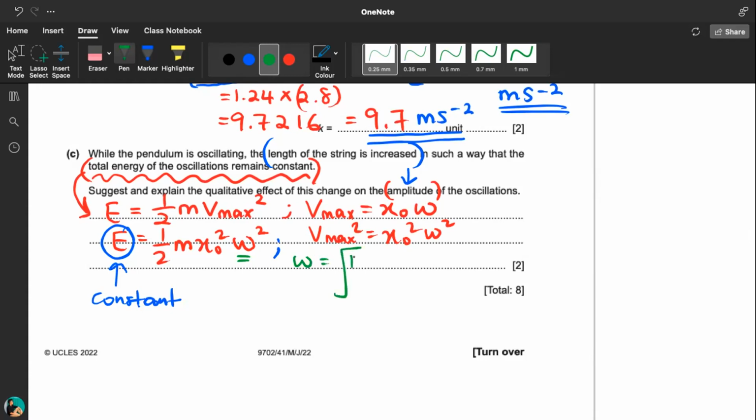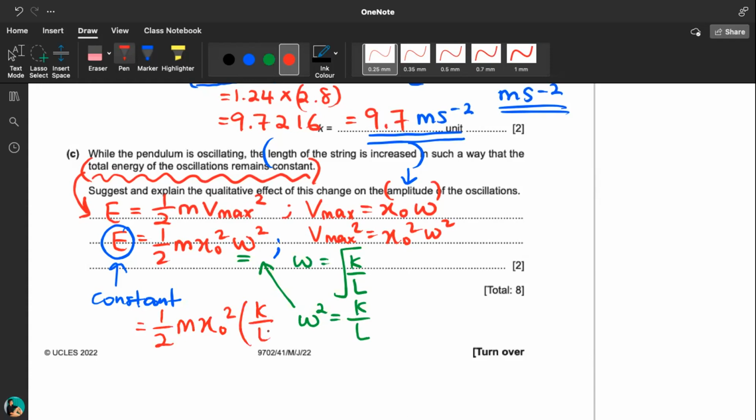Omega equals square root of K over L, so omega squared is K over L. This goes in here: half m x naught squared times K over L. So the energy E is K m x naught squared over 2L.